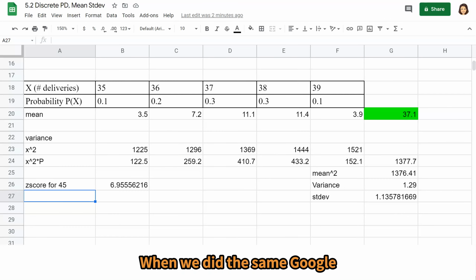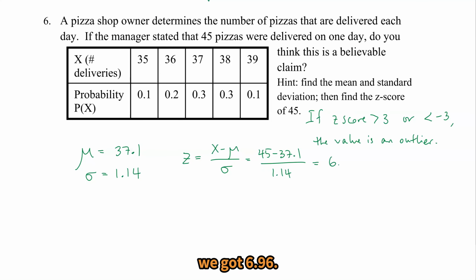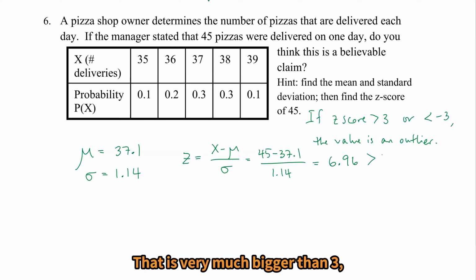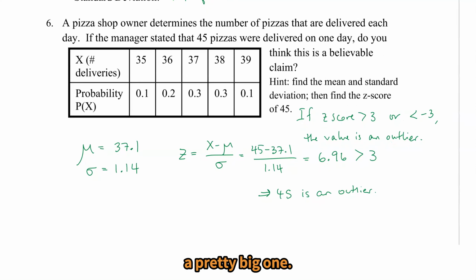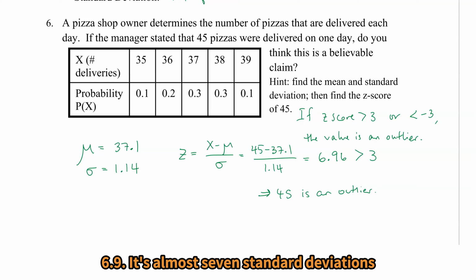When we did this in Google, we got 6.96. That is very much bigger than 3. So 45 would be considered an outlier to this set. A pretty big one. 6.9, it's almost 7 standard deviations away from the mean. That's tremendous.